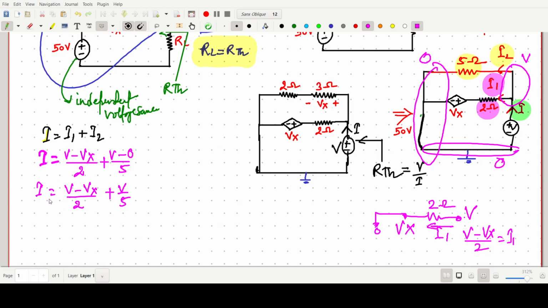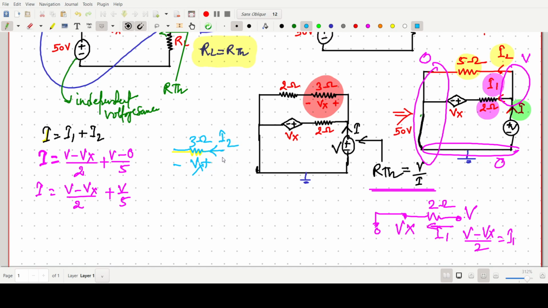Now if we have to find V by I, our aim is to find this V by I. So now Vx is some variable, and for this there is a hint. In this case, this one is Vx. Across the 3 ohm resistance, the voltage is Vx, and we know the current I2 is flowing.